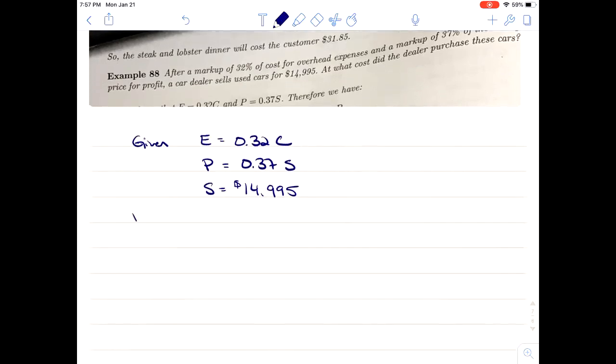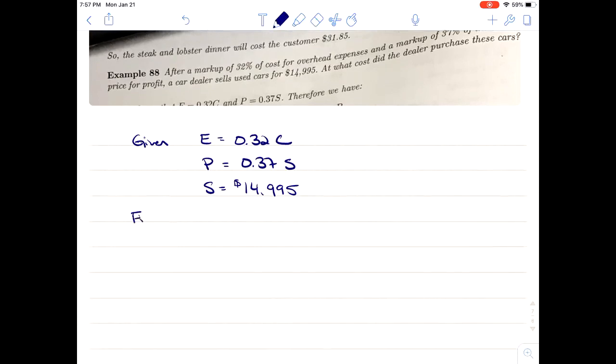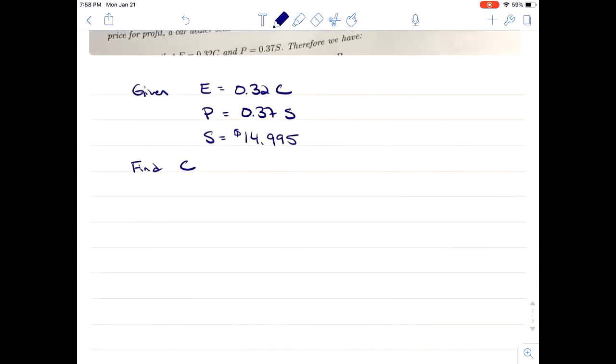And we want to find C. Again, just take inventory of the things you have, and that will help you pick a formula. We've got C, we've got S, we've got P, and we've got E. I know a formula with all those things, so we'll start with S is C plus E plus P.